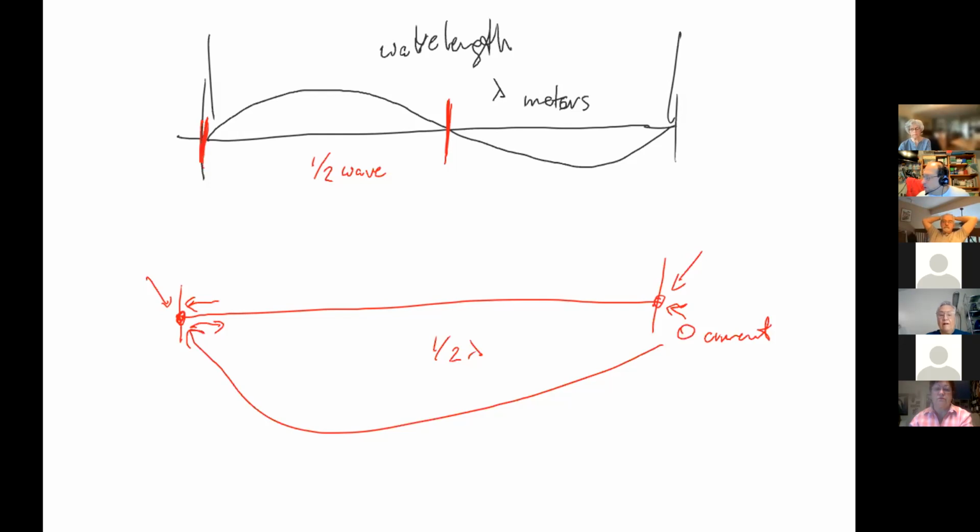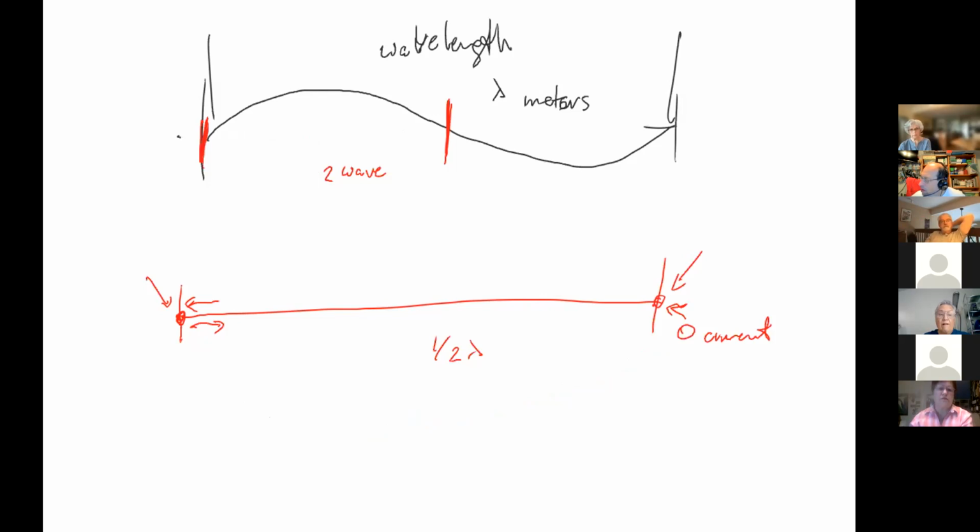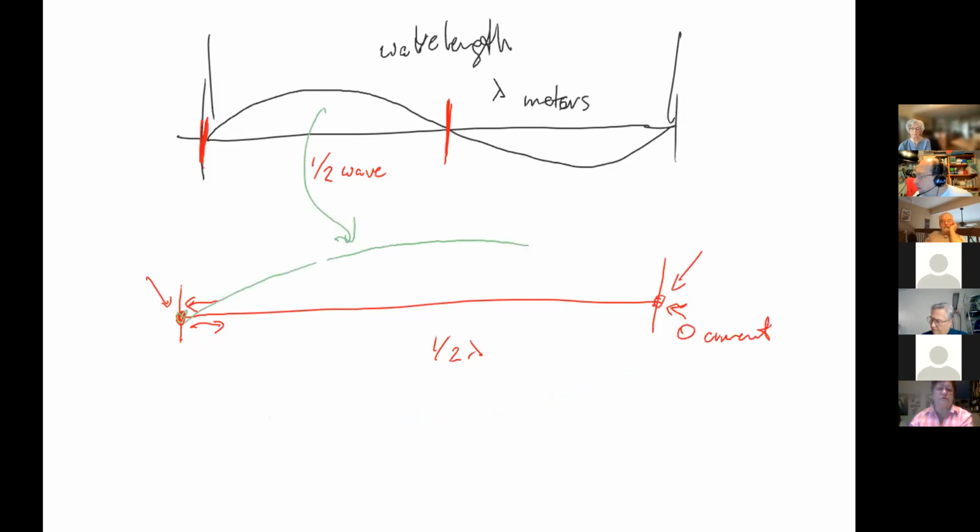This is actually really important, because if the current has to be zero and it's a half wave long, I can project this half wave onto this piece of wire. It has to be zero at the ends, and it has to go up to the middle and come down like that. So what is my current right here at the middle?